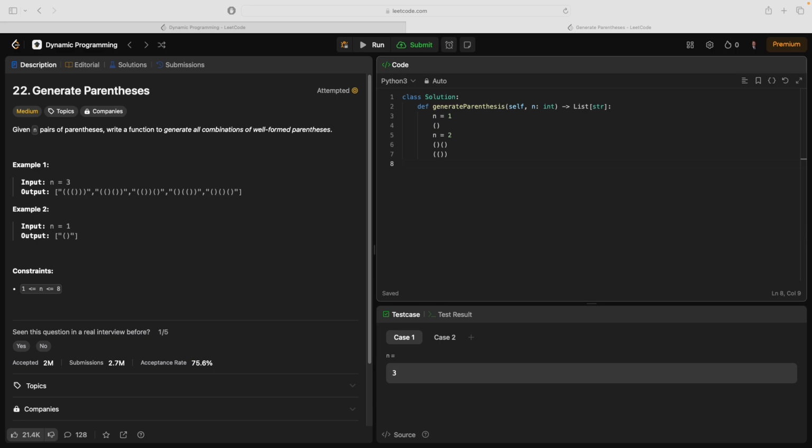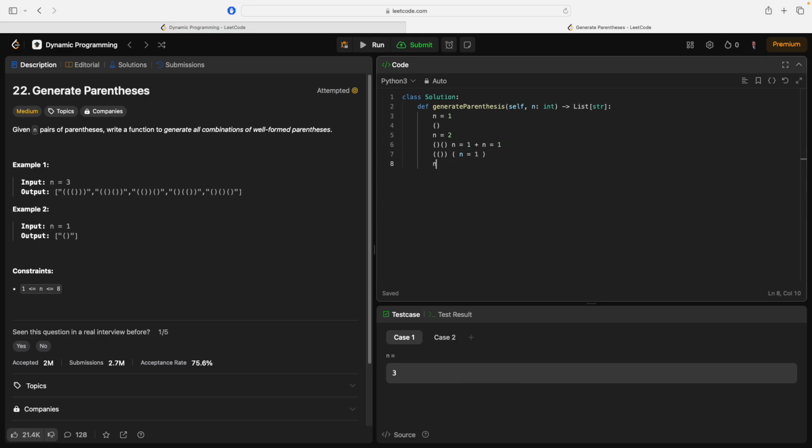So how do we build this up as subproblems? Because n equals 2 is like n equals 1 plus n equals 1, or n equals 1 surrounded by parentheses.